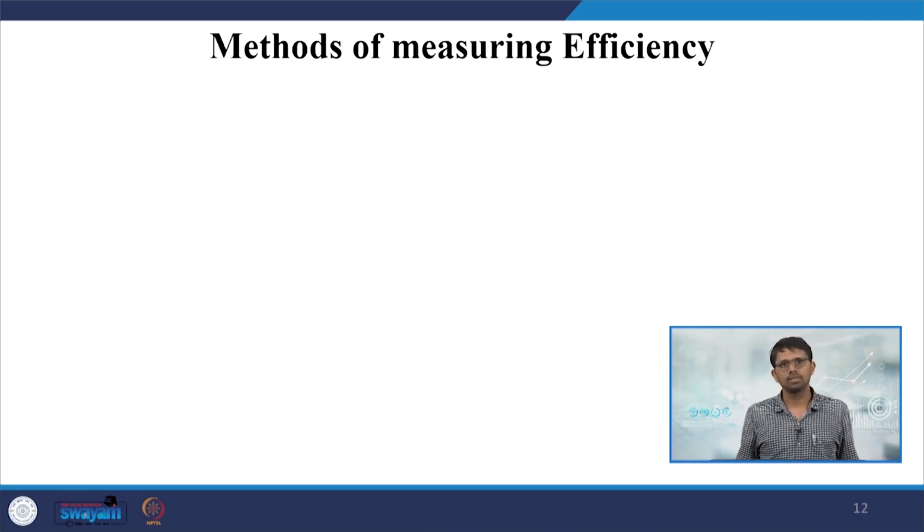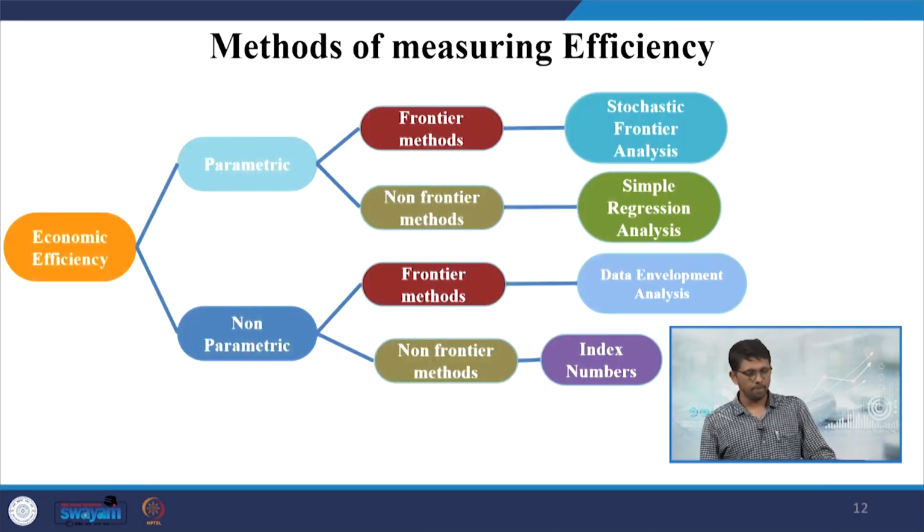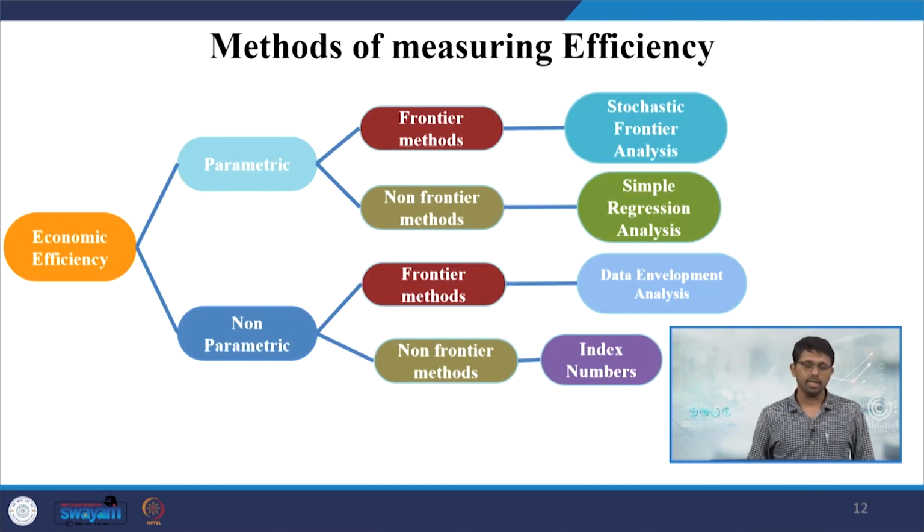So, what are the methods of measuring efficiency, how are people working? Usually this structure is followed. For economic efficiency, there are parametric methods and non-parametric methods of measuring efficiency. Within parametric, there are frontier methods and non-frontier methods, and even in non-parametric methods the same 2 types are available.